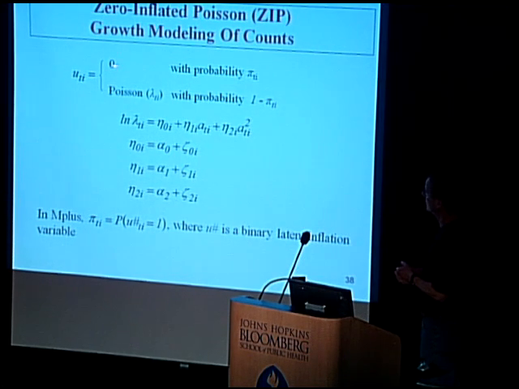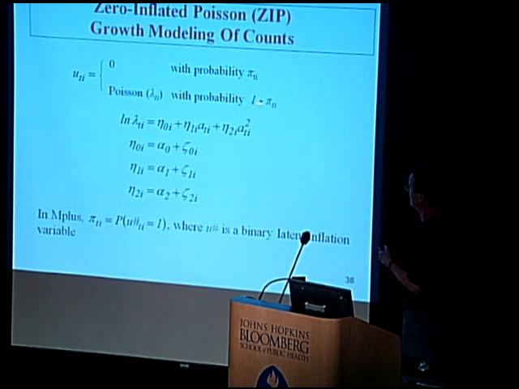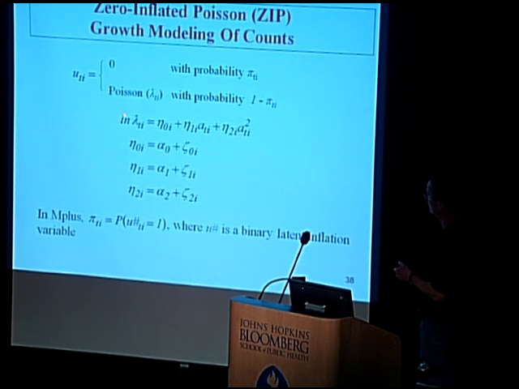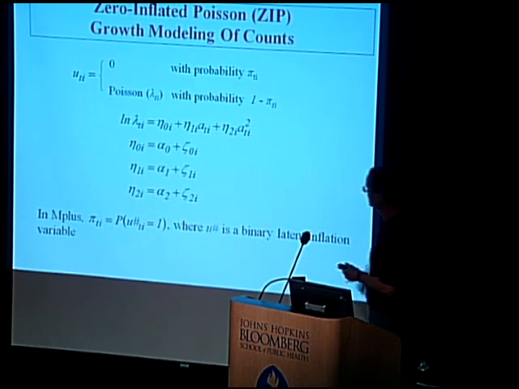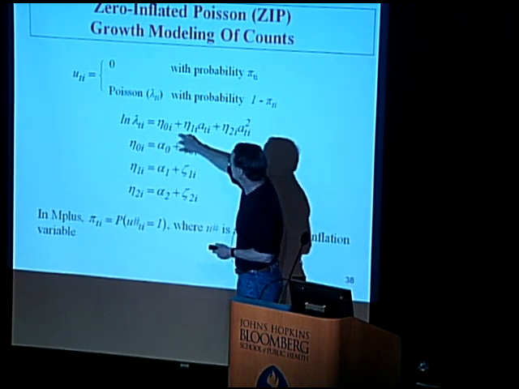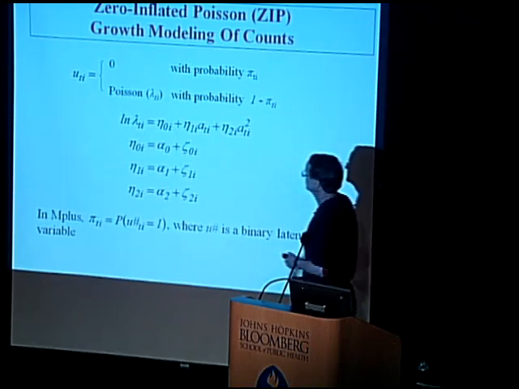And again, it's 0, non-drinker, with probability pi, which changes over time. And it's Poisson with probability 1 minus pi. And then we're going to have the log rate model for a growth model where eta 0, 1, and 2 are the growth factors. So this is a quadratic growth model, right? That's a function of age.